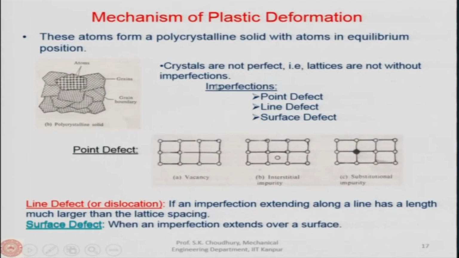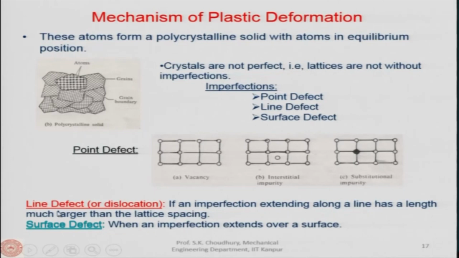And then we said that these crystals are not perfect, that is, lattices are not without imperfection, and those imperfections or defects. These defects are the point defects, line defects, surface defects. I explained the point defects through vacancy, interstitial or substitutional impurity.